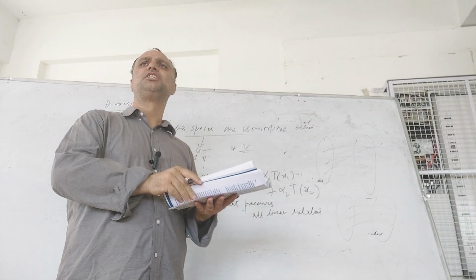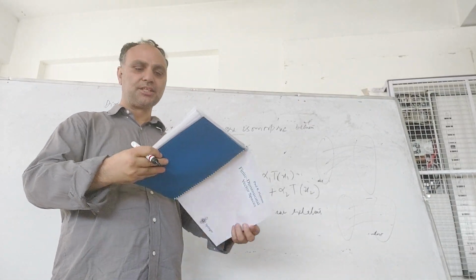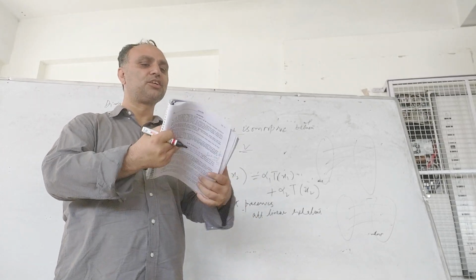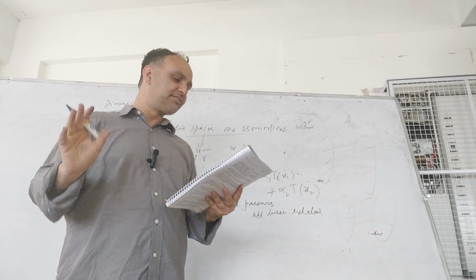So you can have one space and another space in which you have this isomorphism-preserving property, and that is how we can identify them.